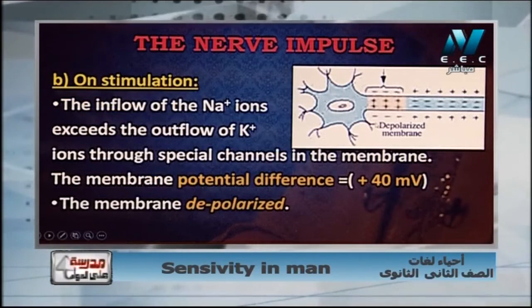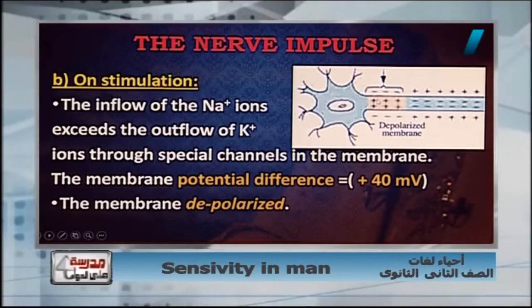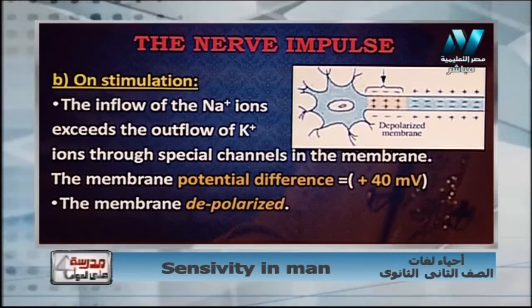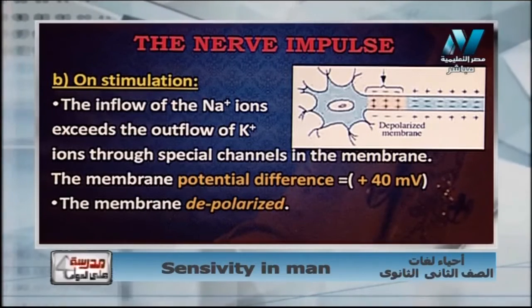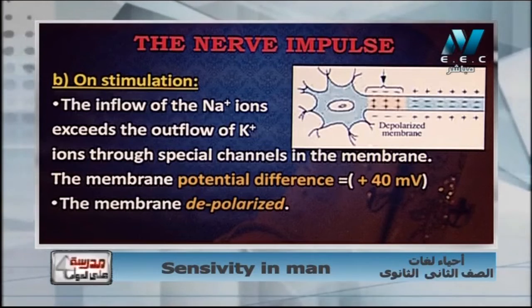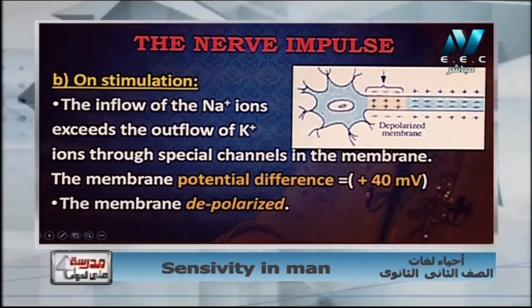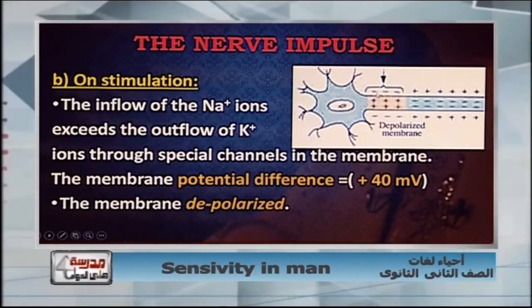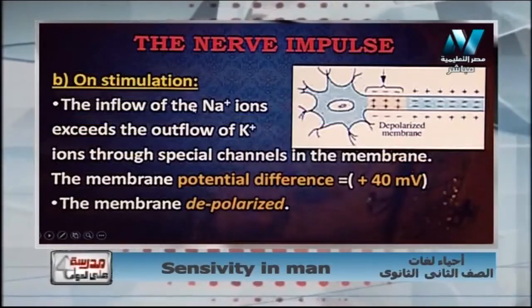On stimulation, if the membrane is stimulated at a certain point, the arrangement of the molecules of the plasma membrane is disturbed. And this results in a disturbance in permeability. So the membrane becomes fully permeable. It is permeable to sodium, which was kept outside.